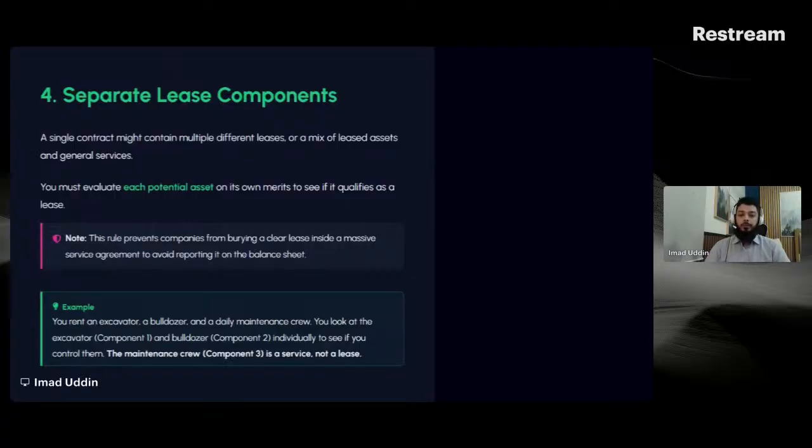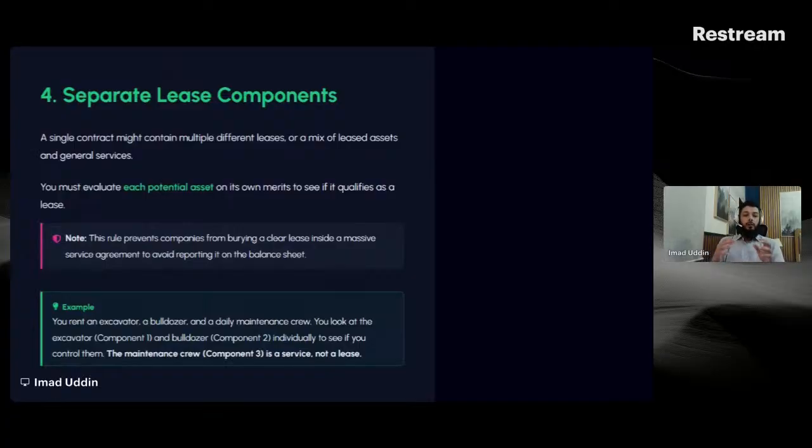So you must evaluate each potential asset on its own merit to see if it qualifies as a lease. This rule prevents companies from burying a clear lease inside a massive service component to avoid reporting it on the balance sheet. So let's say you have a massive service agreement via which we are obtaining a lot of maintenance services, a lot of operating services, which means your machinery is being operated and your factory is being maintained.